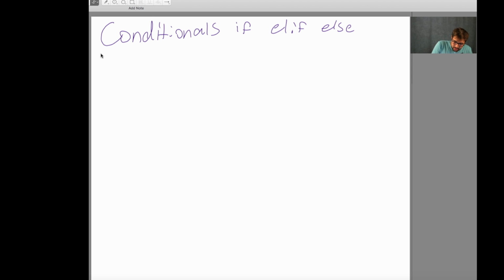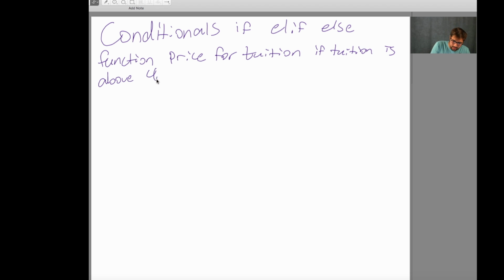Let's say we wanted to make a function that takes in a price for tuition. If the tuition is above 40,000, we want to print that price is way too high.